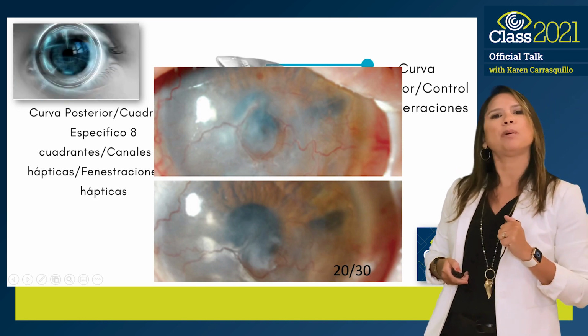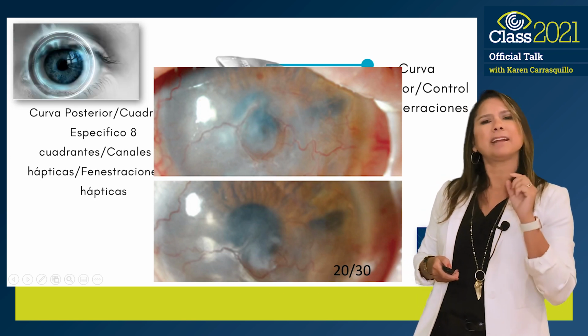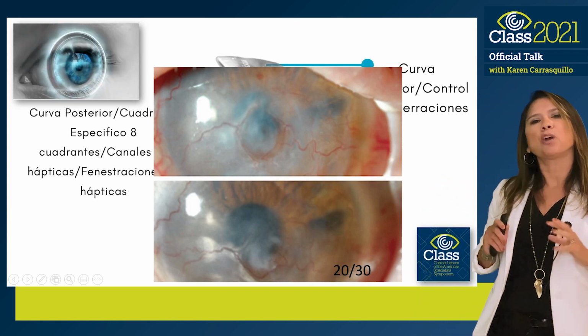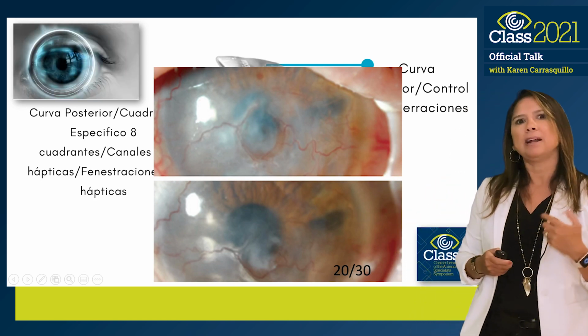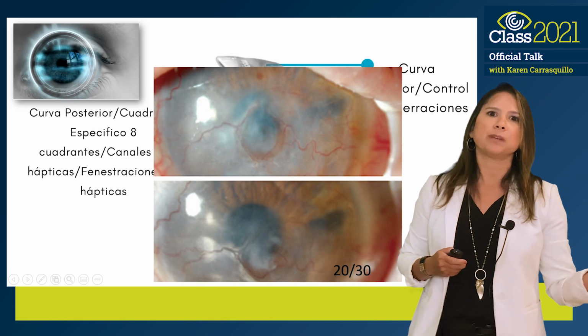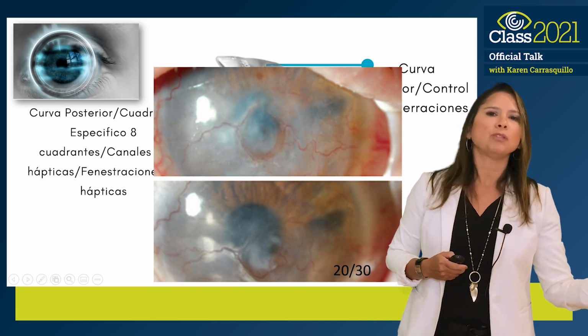As little as 4 months after using this scleral lens. So this case is really an example of how we can push the limit of these designs in order to transform a case that could be disastrous into a successful case.